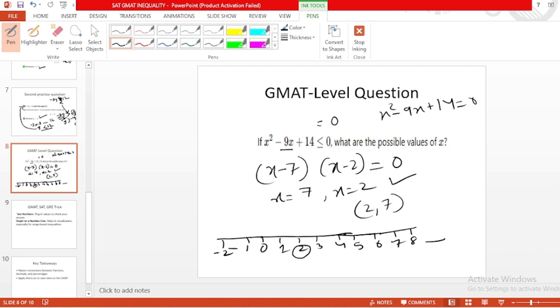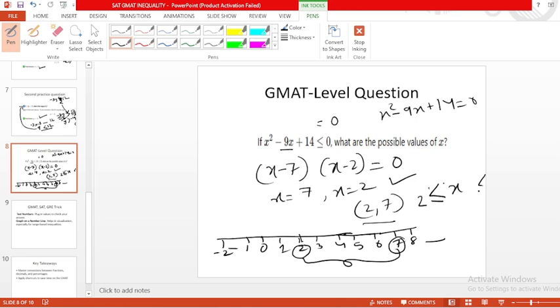So if we take the interval of solutions, what does this interval represent? x is either greater than 2, like 3, 4, or equal to 2 because 2 is also included.